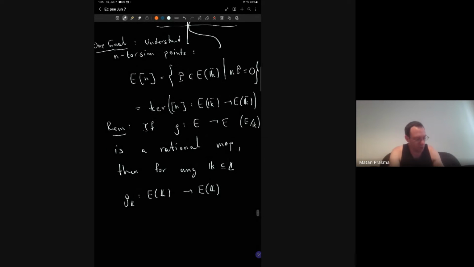Because rho is some pair of rational functions, R and S. R and S are defined over K. If their coefficients are in K, then you can view them as rational functions over L, because L is bigger than K.